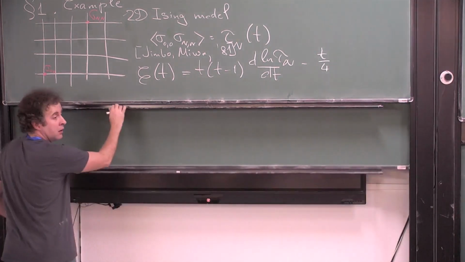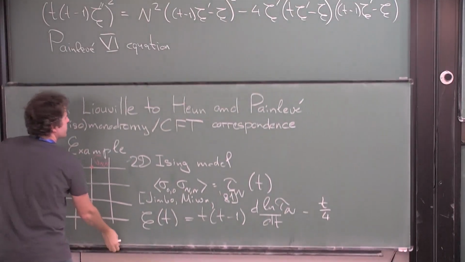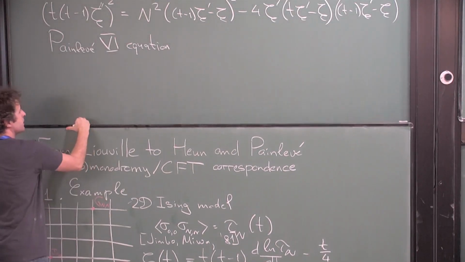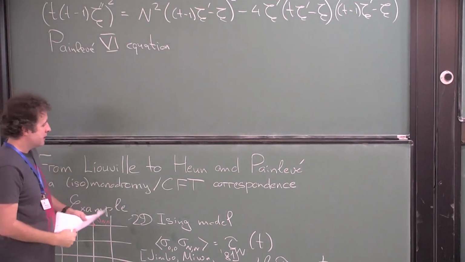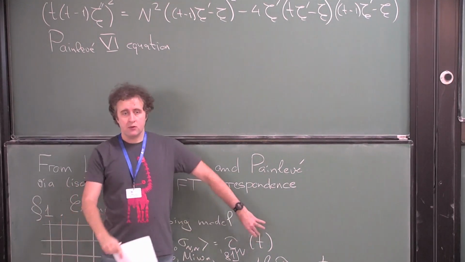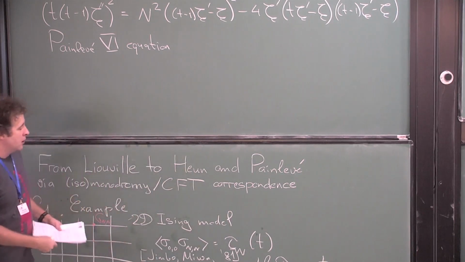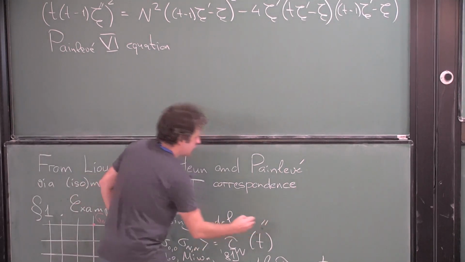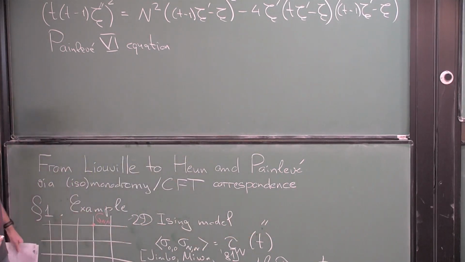So for special parameters? Yes, for very special parameters and very special initial conditions, because this tau n depends only on this. There are no other parameters in the story. So maybe I should state it more concretely.